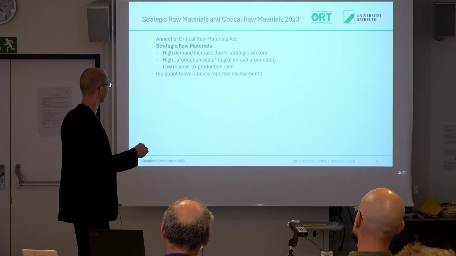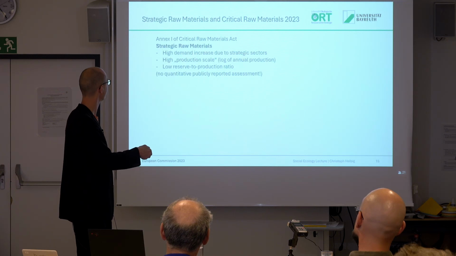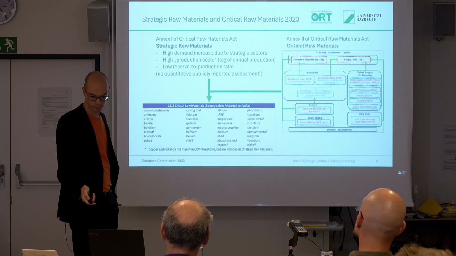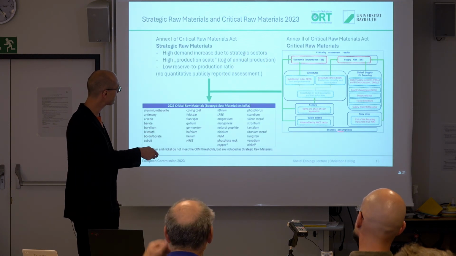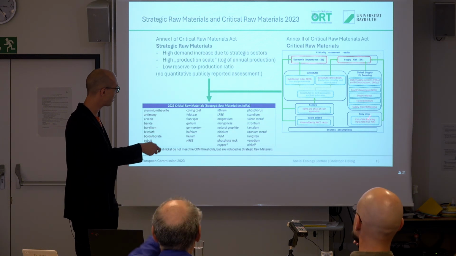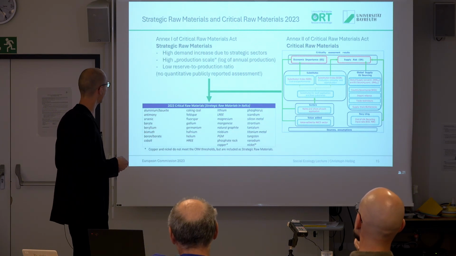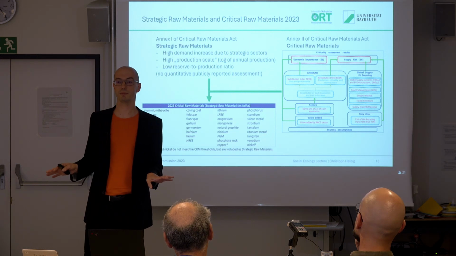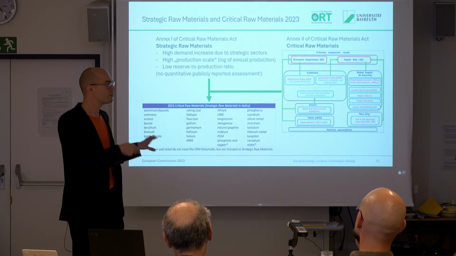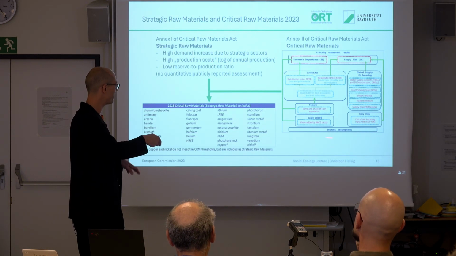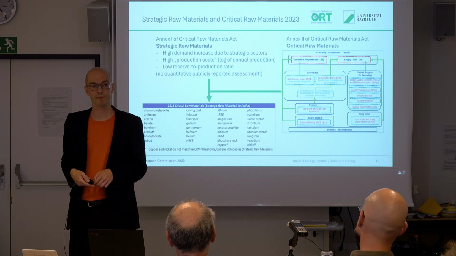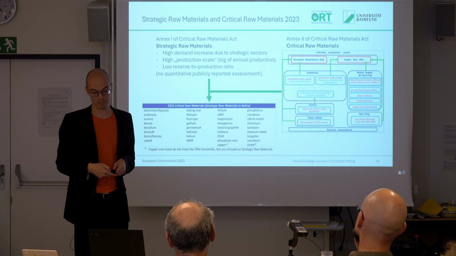So they have this very neatly aligned, harmonized since 2017 assessment, but they don't follow it. Because if it's a strategic raw material, then skip that and put it on the list. And that happened.